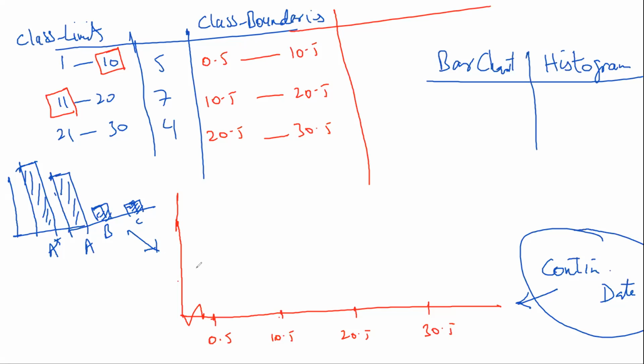Yeah, it can have the frequency or the frequency density, or sometimes we take the height. How do we finalize that, okay, I'll keep frequency on my vertical axis? How do we decide that?